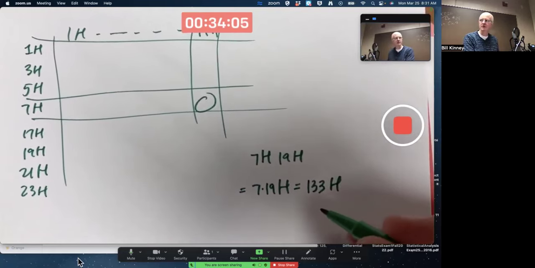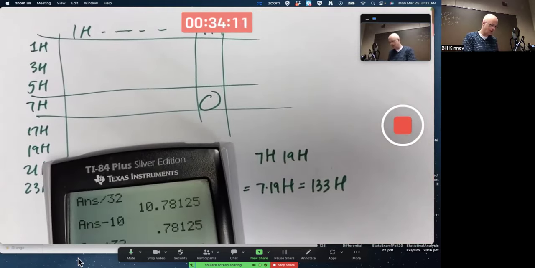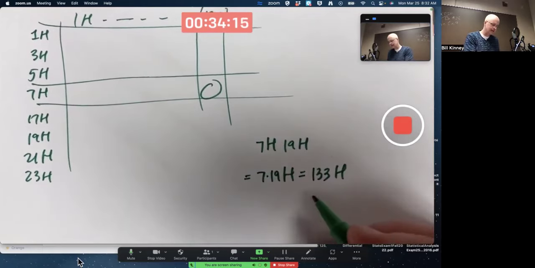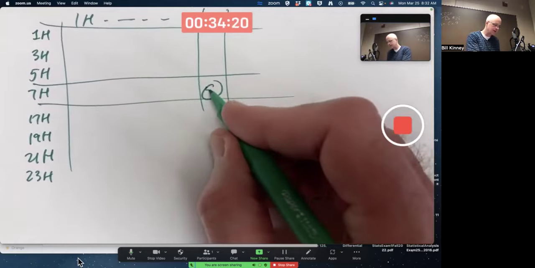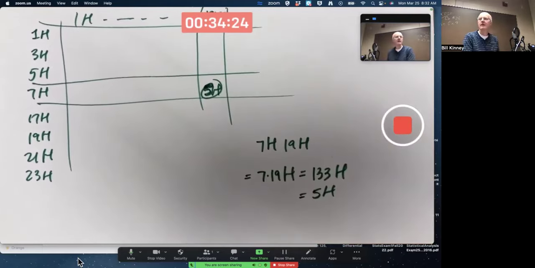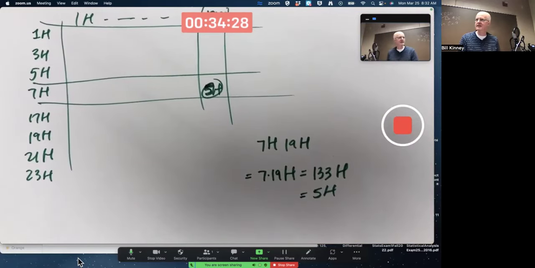I do want representatives that are in U32. 32 goes evenly into 128, right? So it looks like that's the same as 5H. Should be a 5H that goes there. And you keep going. But again, it's isomorphic to Z8, it's cyclic.